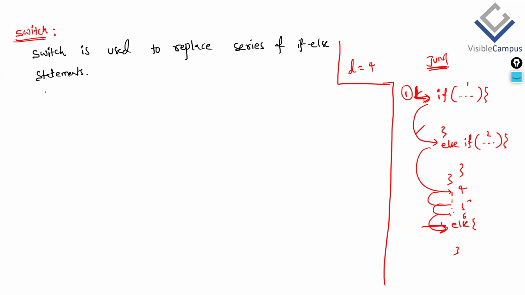Before we go for any program on switch, it's primary to understand the syntax. I need a fresh page for that. Let me go to a new page. The switch syntax. First, switch is a predefined keyword in Java.